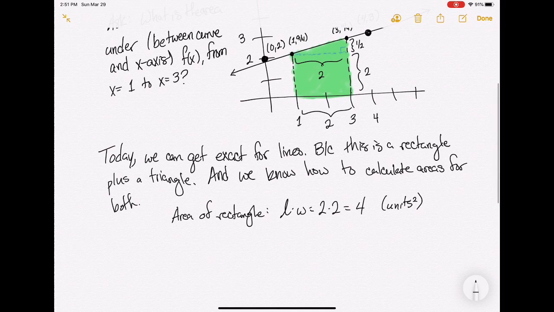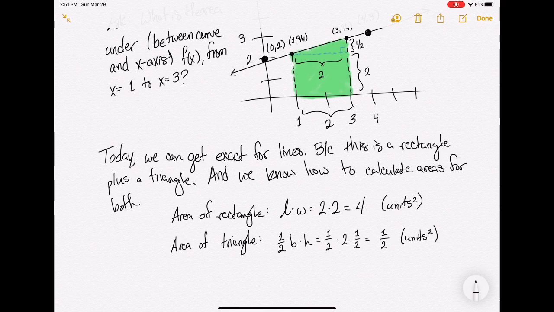And then the area of a triangle, and a lot of you might not have remembered what the equation is. It's 1/2 base times height. So the base here is 2 and the height is 1/2. So we end up with 1/2. And this is also square units.